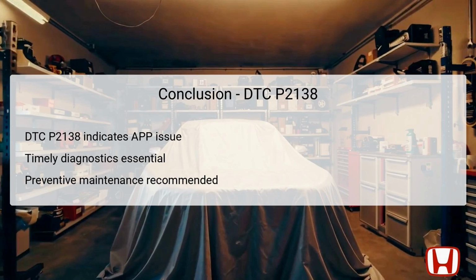Following a structured troubleshooting process allows technicians to narrow down the possible causes effectively, including examining APP sensors, wiring, and the PCM. It is also essential to emphasize the importance of preventive maintenance so that issues can be mitigated before they lead to significant problems.